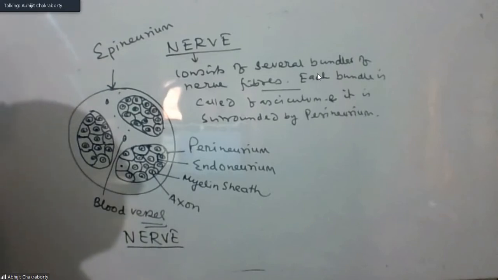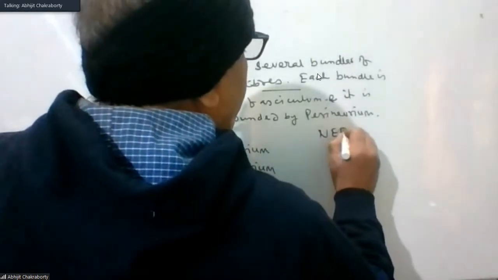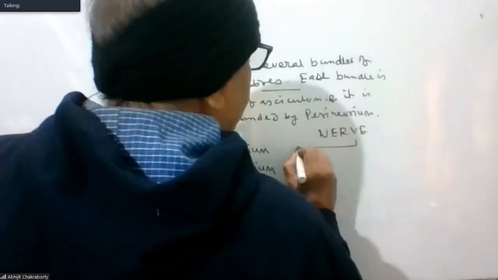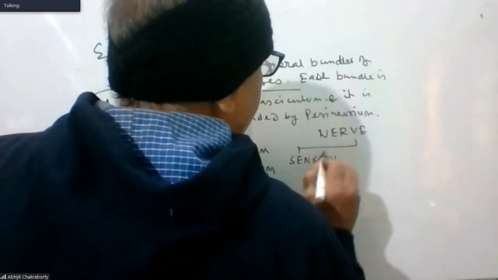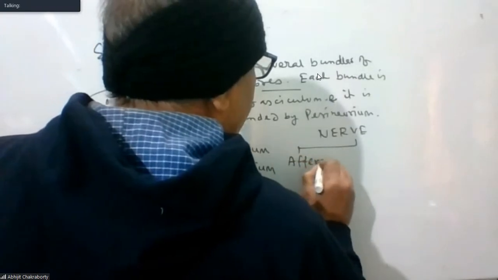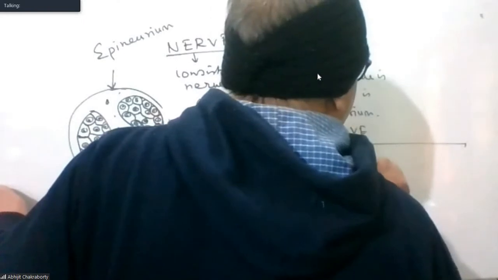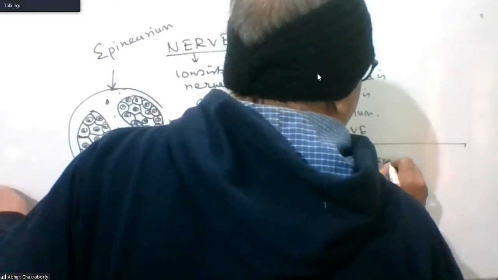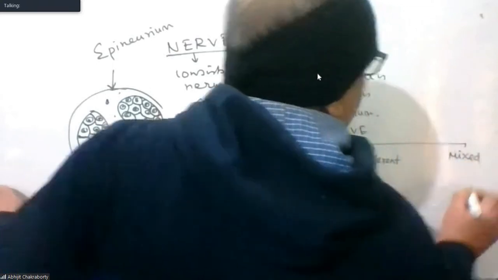Some are sensory nerves, some are motor nerves, some are mixed nerves. So a nerve may be afferent, or you can write afferent nerve, efferent, and mixed.